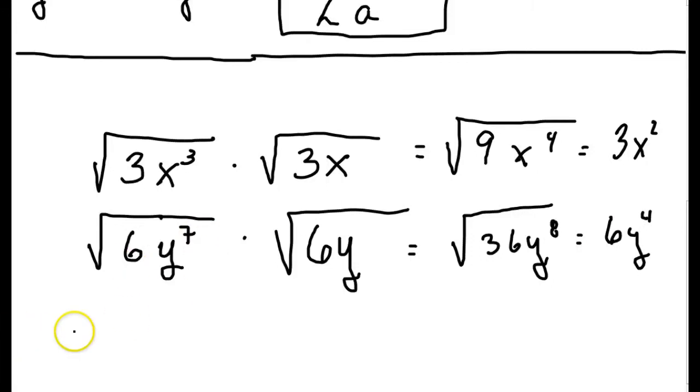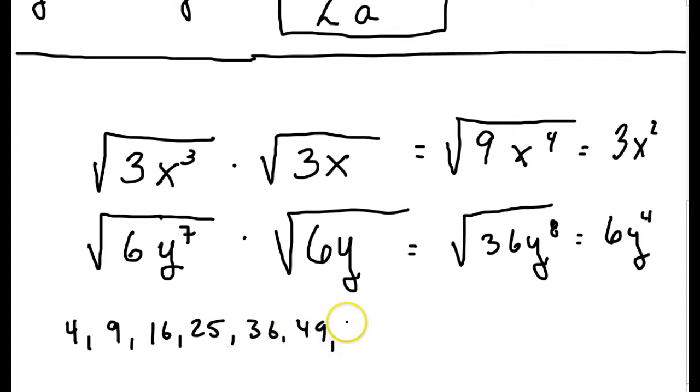We have 4, 9, 16, 25, 36, 49. What's the next one? 64. And then 81, and then 100. If you have the square root of these, you get a nice pretty number: 2, 3, 4, 5, 6, 7, 8, 9, 10.